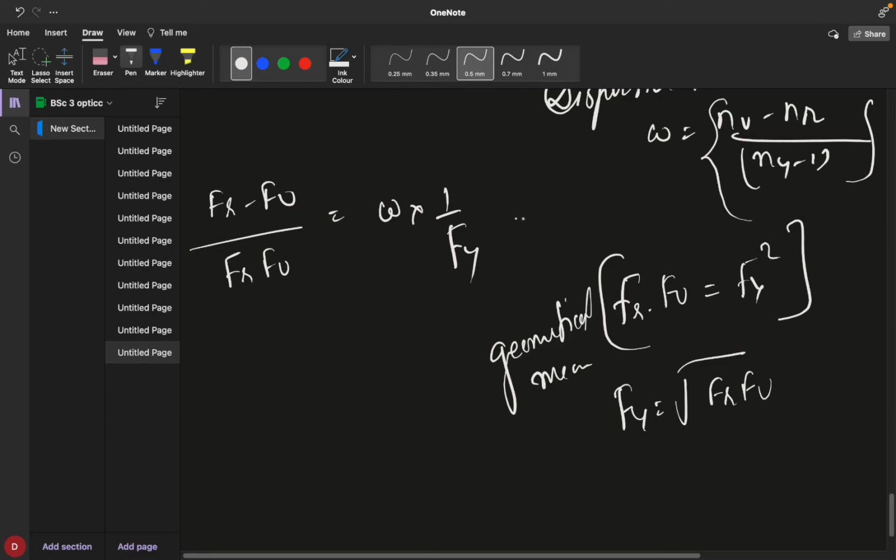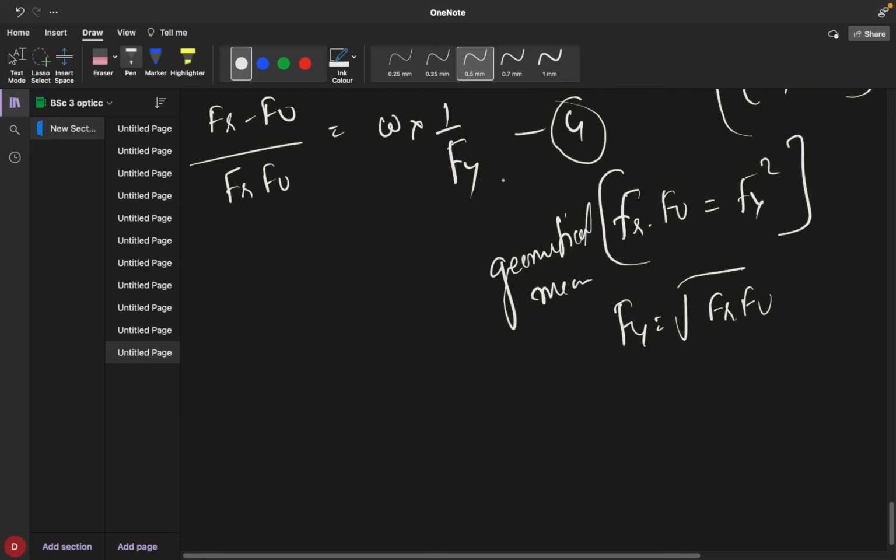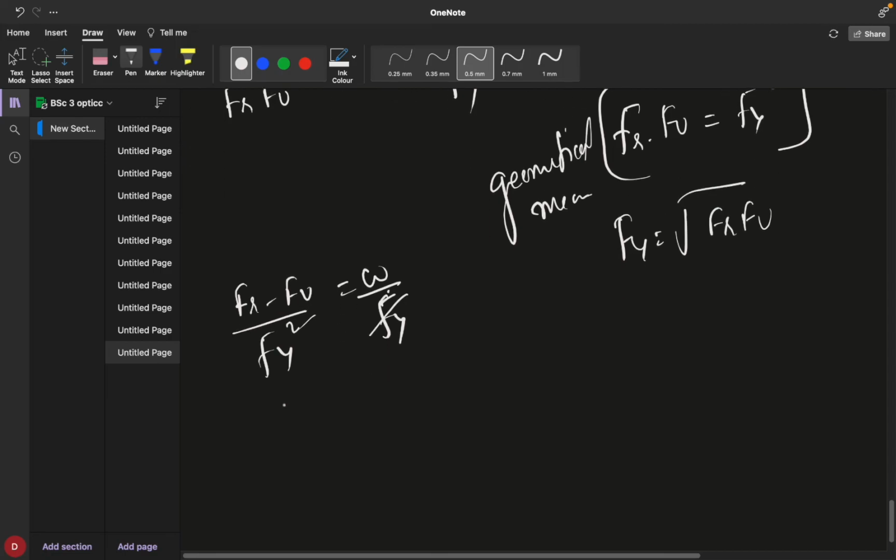Say this is equation 4. So from equation 4, Fr minus Fv is Fy square times omega upon Fy. One power cancels out, so Fr minus Fv is equal to omega Fy. This is our chromatic aberration.